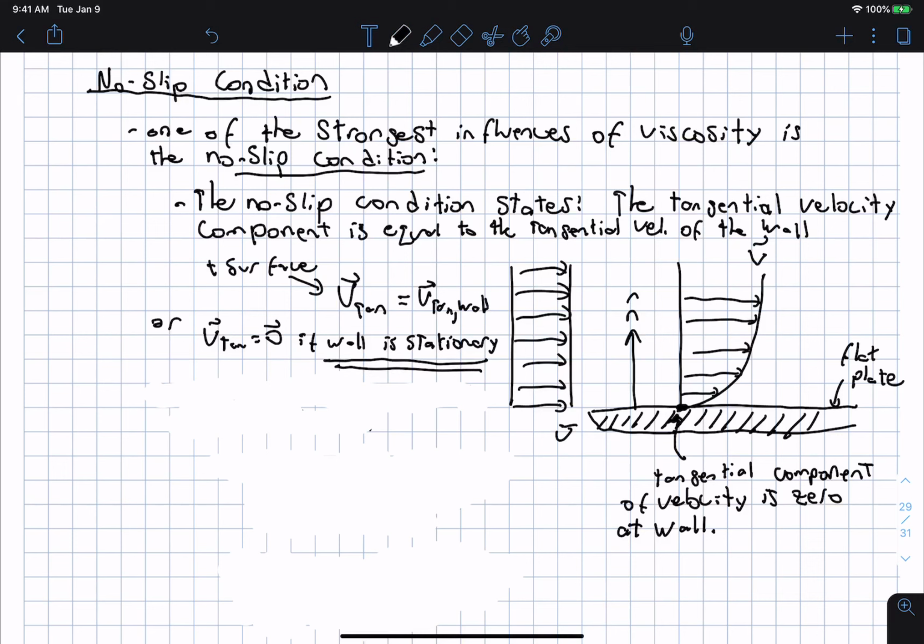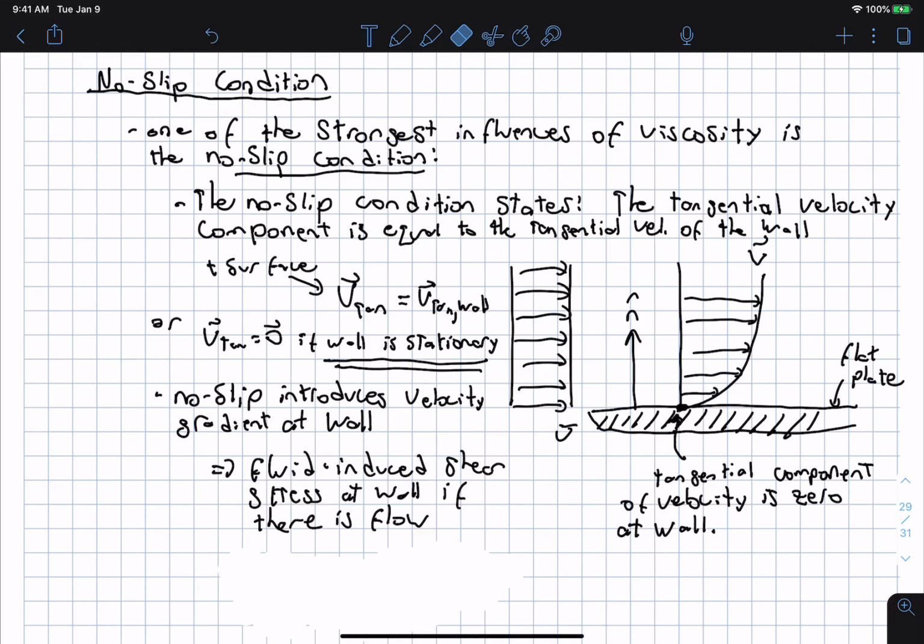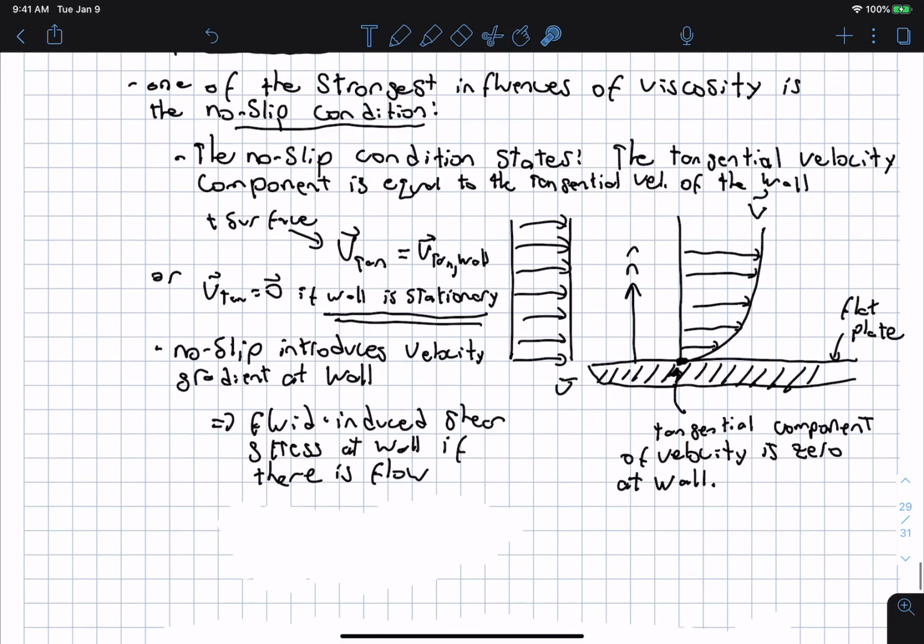Okay? And you can see what the no-slip is doing is it's introducing a velocity gradient near the wall. And now you have viscosity and a velocity gradient. That means this is going to induce a shear stress at the wall if there is a flow.